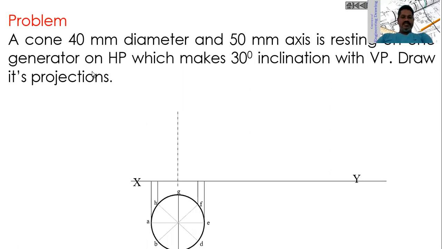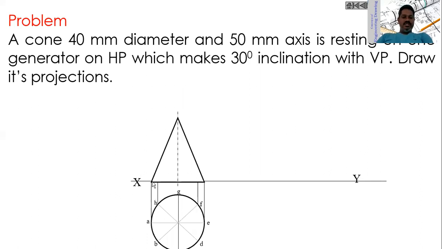Take the compass, and in the compass take 50 mm height. Before that, we have to draw a vertical line exactly at the center, then transfer that 50 mm height here.